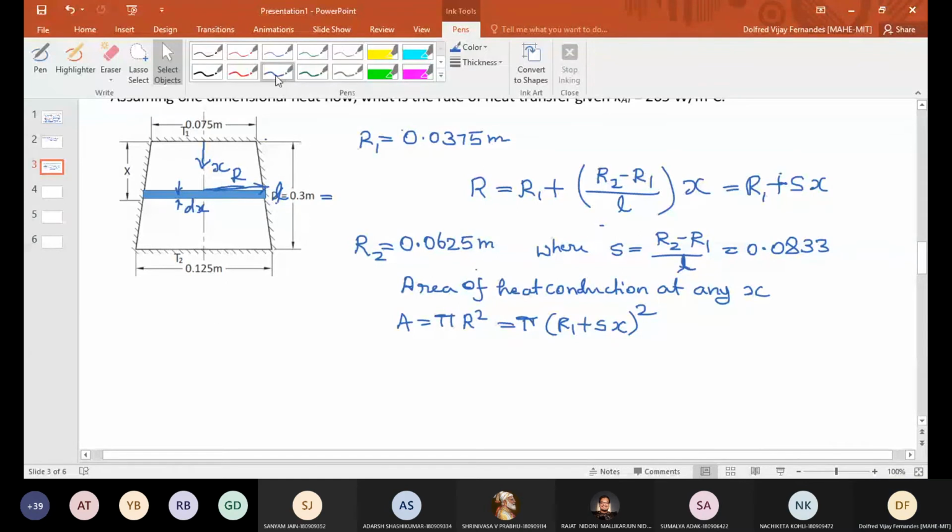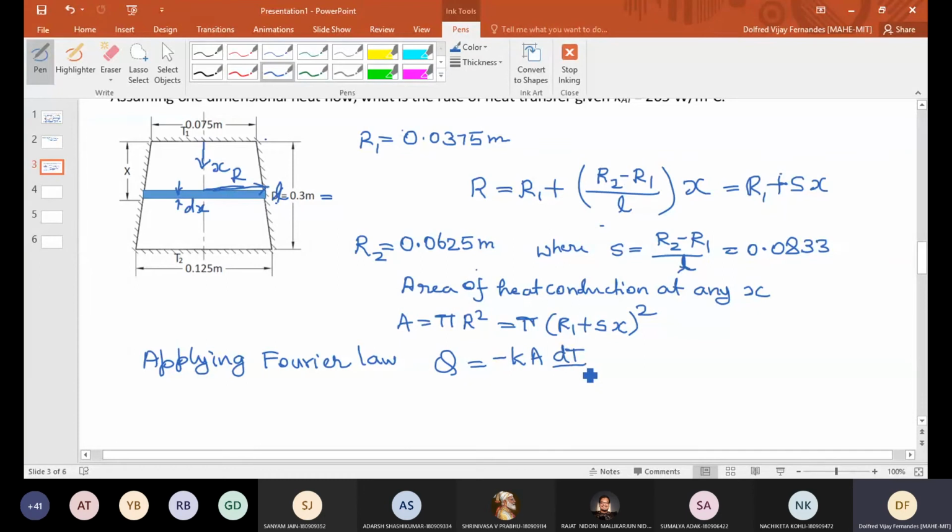Applying, so what you can write is Q equal to minus K A dT dx. So we have area given as pi into R1 plus S into X whole square.